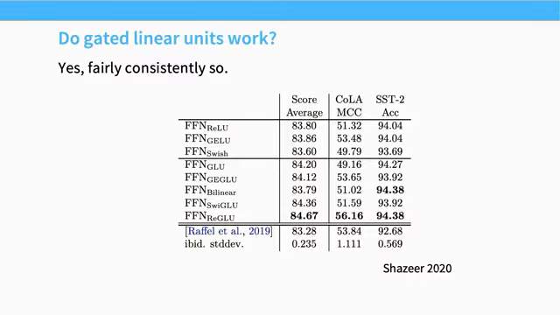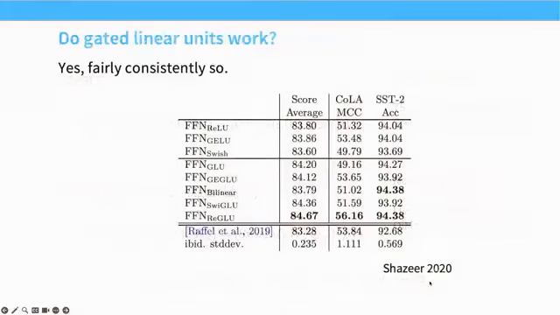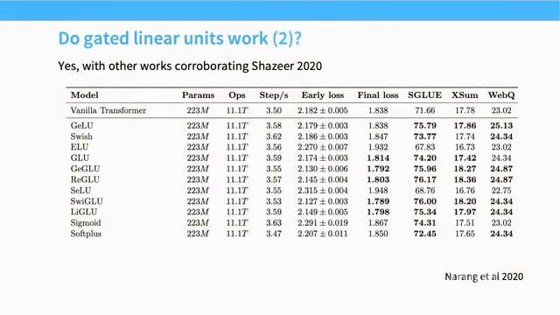And if you look, the GLU variants are almost always consistently better than the non-GLU variants. And this is a parameter-matched comparison because Noam Shazeer is always doing this 2/3 adjustment to make sure that all of the models have the same total number of parameters. So this is quite nice. It's in some ways a free win. Almost everyone uses a GLU.